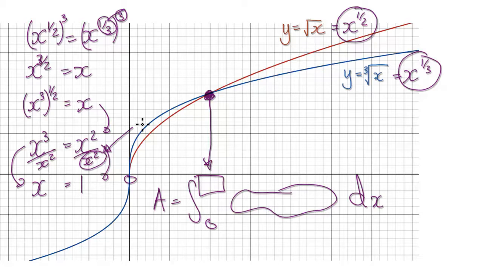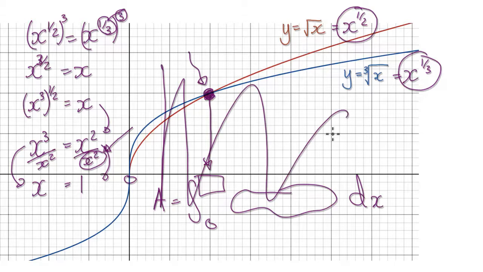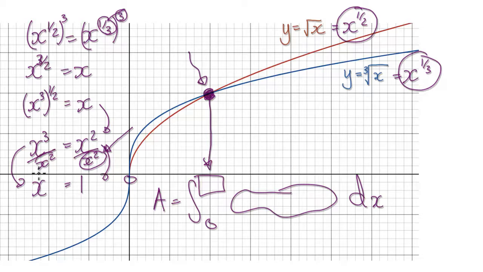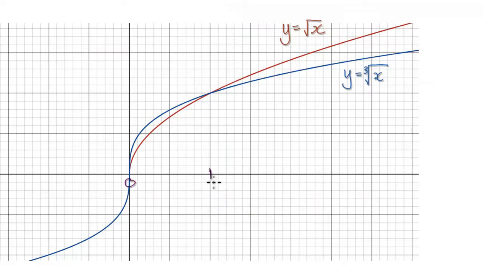You're not allowed to divide by 0, but because we know we are somewhere to the right of 0, we know we're not dividing by 0. So when you divide by x or x squared or x to the power of 3, have at the back of your mind that it cannot be 0. But here it will never be 0, so it's a legitimate move. The point is that this point here is actually 1. So we are integrating from 0 to 1.